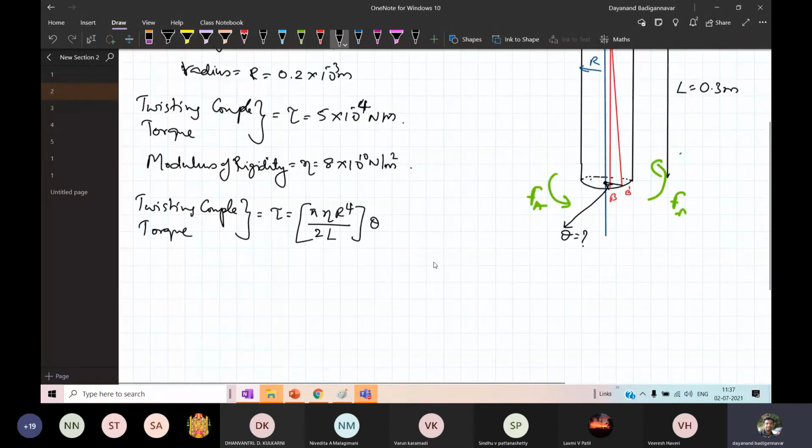Now they have asked for the twisting angle. How much is that twisting angle for a certain force? Therefore, rearrange it for the twisting angle theta.